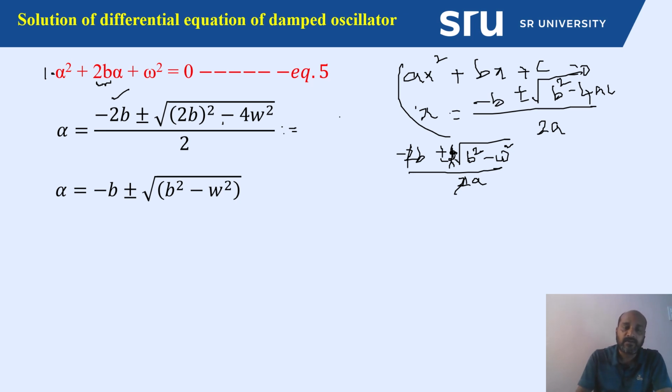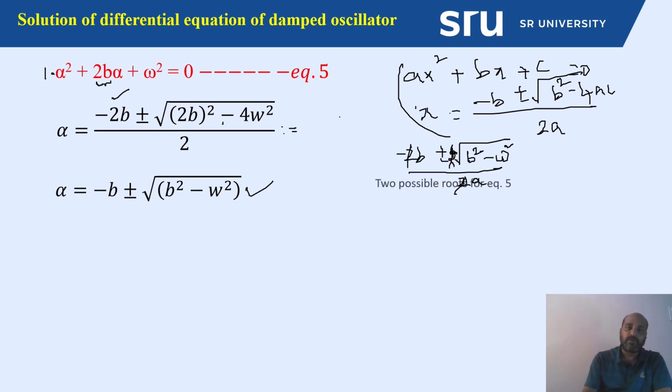So the final solution for this quadratic equation will be −b ± √(b² − ω²). These are the two possible roots for α.